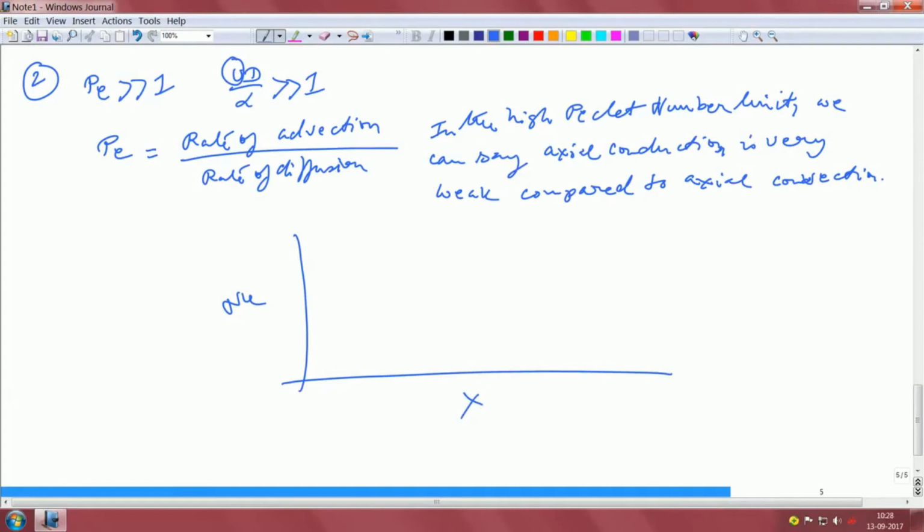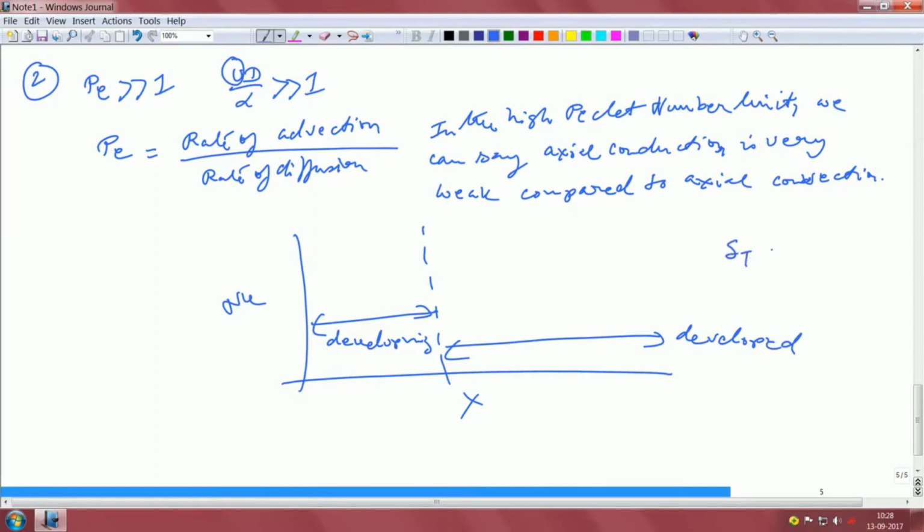Intuitively, let us say this is the developing region, and this is the developed region. So, we are looking at the Nusselt number in the fully developed region. In the developing region, the boundary layer thickness is growing. It has not touched the middle of the pipe as of now.